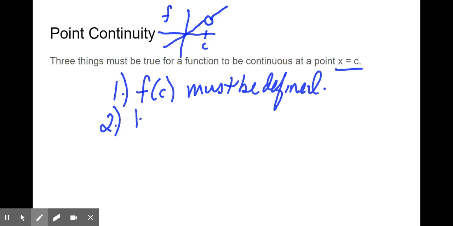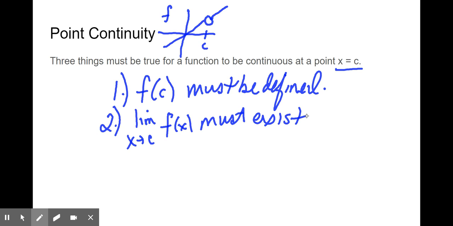If it's not defined, then it can't be continuous at that point. Number 2, the limit as x approaches c of f of x must exist. Okay? It must exist. Now, what does this mean? The fact that the limit of f of x as x goes to c must exist. What does that mean?